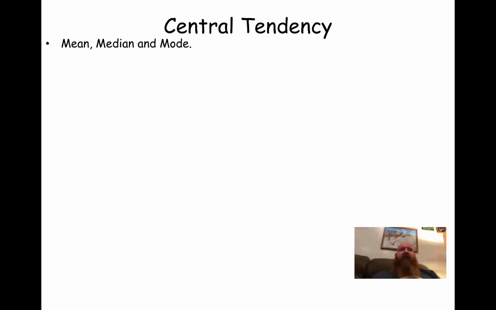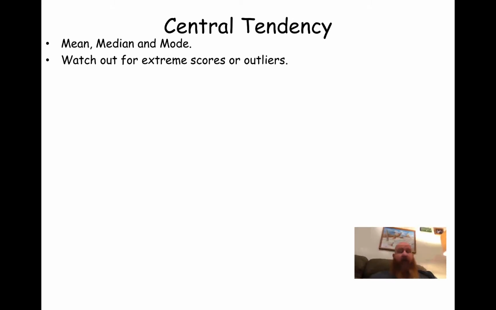Central tendency, and this is basic math, especially for you Algebra 1 people. You should know what this is: mean, median, and mode. This describes how your data is grouped. Mean, of course, is the average of your data set.